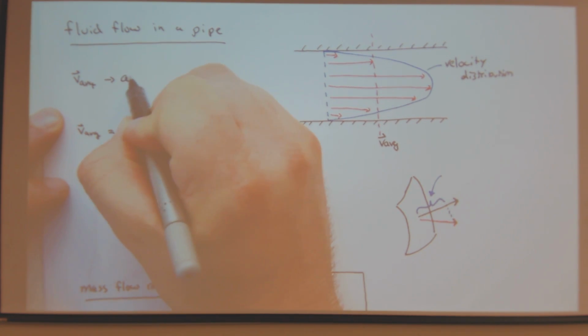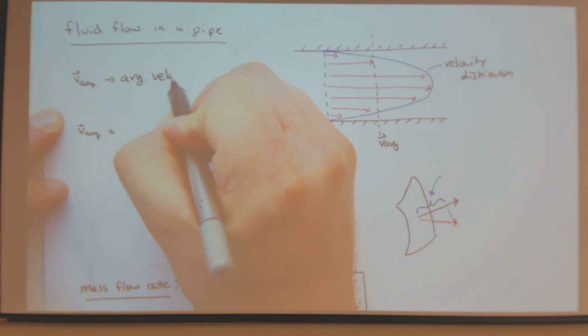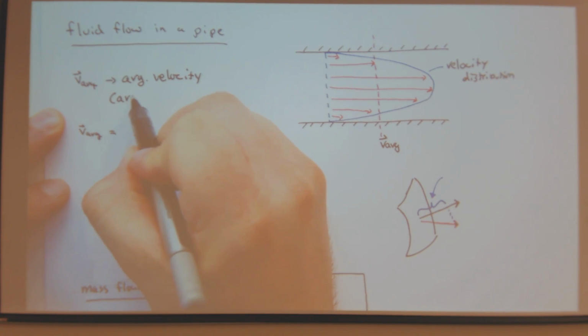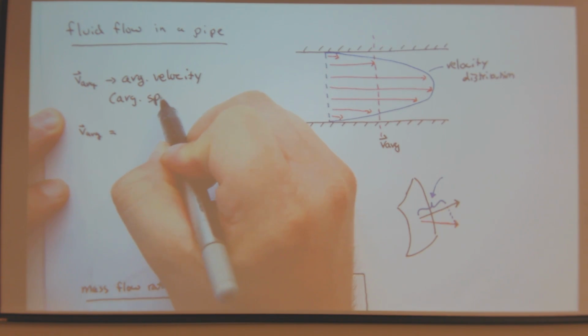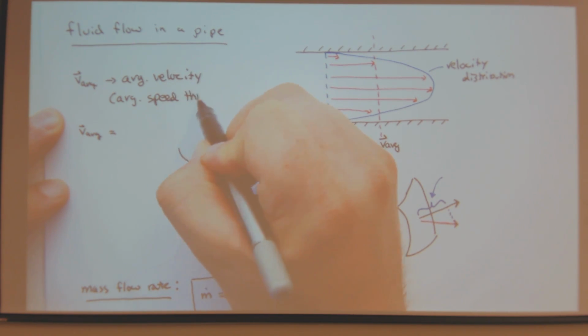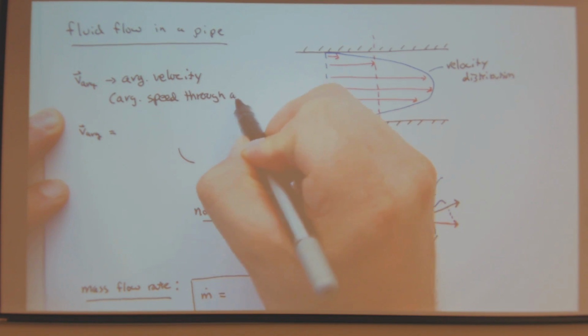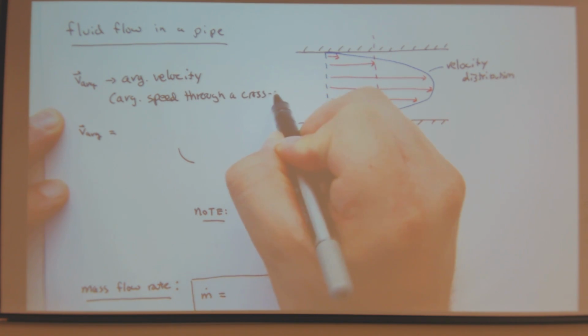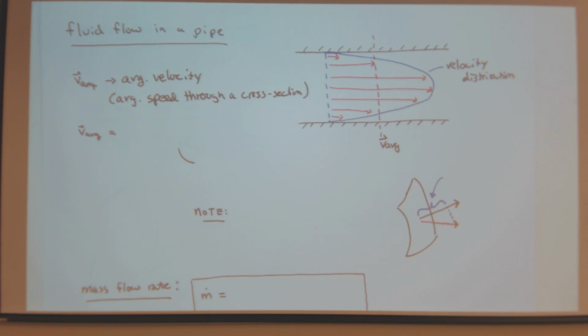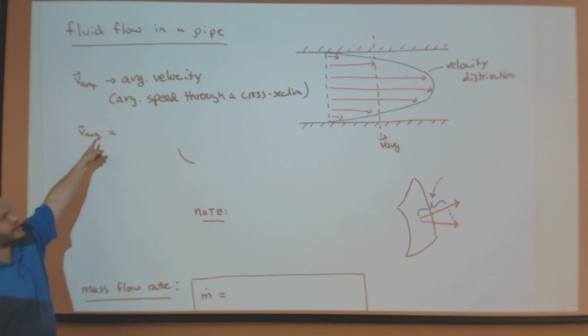V average is the average velocity, or average speed through a cross section.